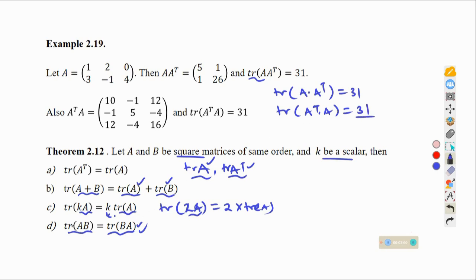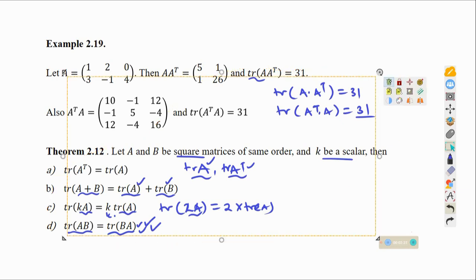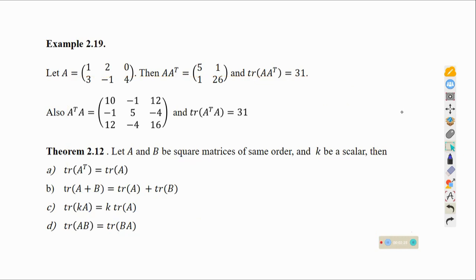So you can easily confirm that trace of AB is the same as trace of BA. But let us look at the proof of one of these properties. We shall prove that trace of AB is the same as trace of BA. The other properties you will be able to prove yourselves, so try them and see how best you can easily prove them.